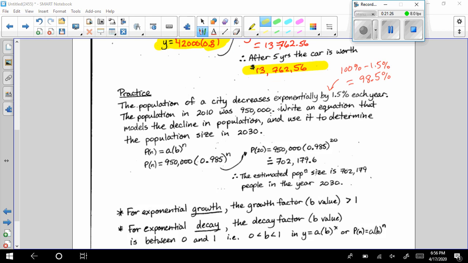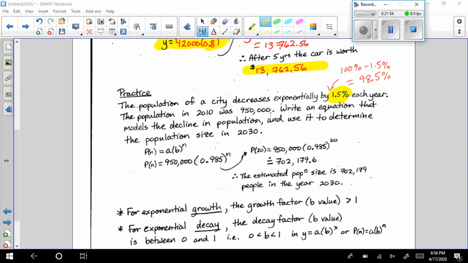So the population of a city is decreasing exponentially by 1.5% each year. So if it's decreasing by 1.5% each year, 100% minus 1.5% is 98.5%. So at the end of each year, it still has 98.5% of its original population.